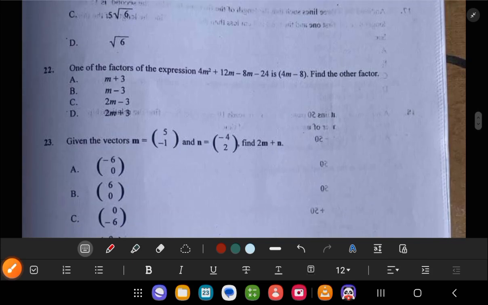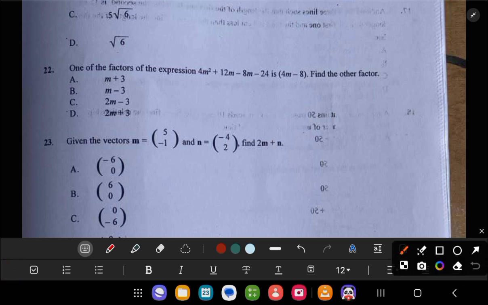So question 22, you are told to find another factor. Maybe as a student, you've been working on quadratic equations and you've never been told that the answers you get are actually the factors. So all you have to do is introduce a bracket here and then a bracket here.